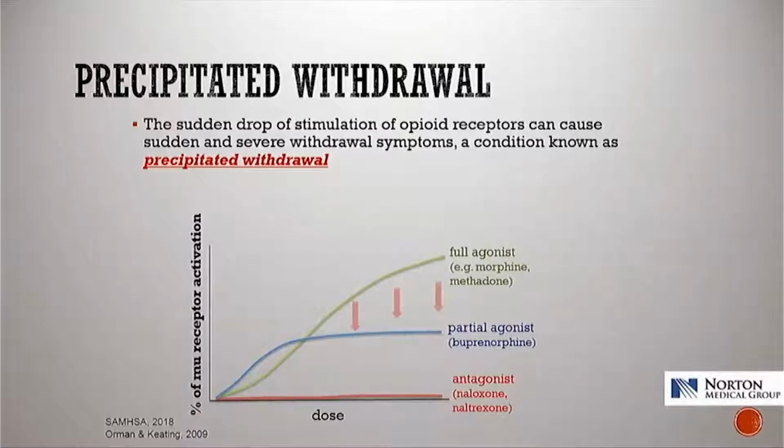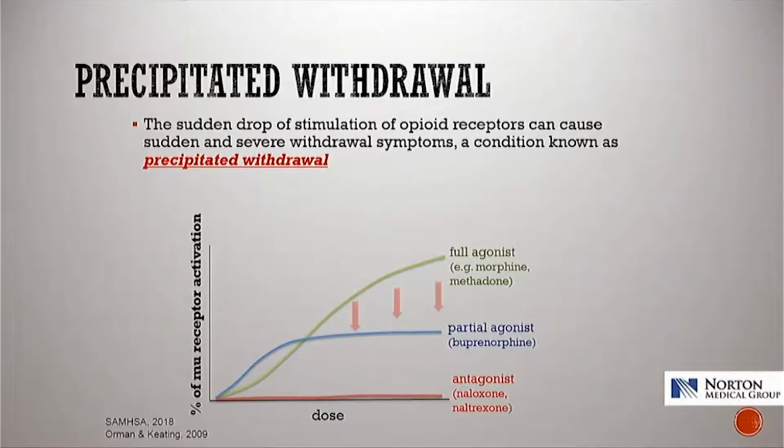If people are on a full agonist, such as morphine or methadone or heroin, their brain is seeing a lot of opioids. Then if you drop them to a partial agonist like Suboxone or buprenorphine, they have this opioid deficit. So they are going to experience withdrawal. No matter what you do, they will experience withdrawal.